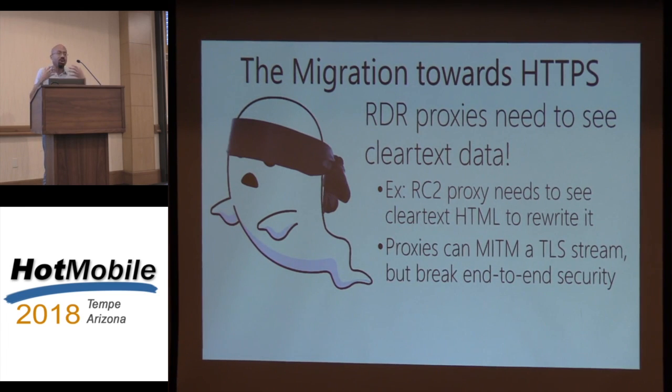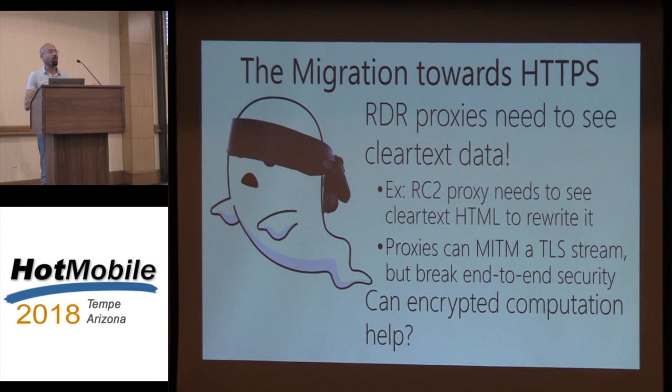This, of course, makes the tinfoil hats amongst us nervous because TLS provides end-to-end guarantees. So perhaps there's a solution here that involves encrypted computation, something like functional encryption, which would allow the proxy to compute over encrypted data. The problem of this is, of course, that this stuff runs slower than the age of the universe. So me and some other people are actually thinking about how we can make this more efficient.